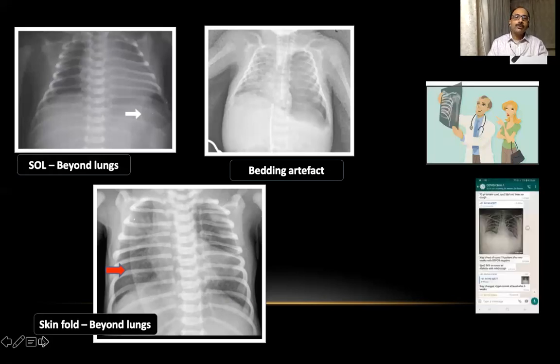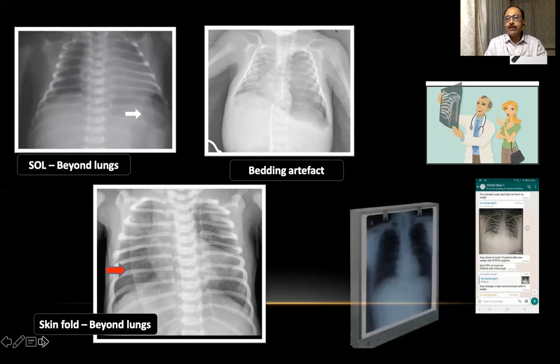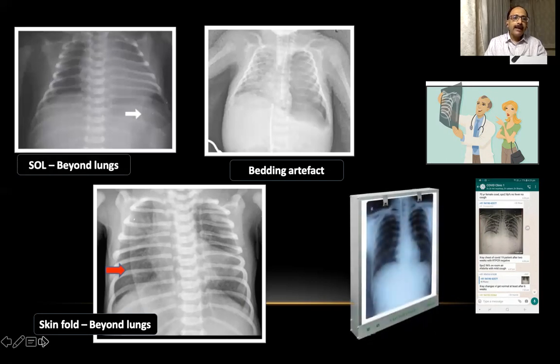And so also the tendency of interpreting on WhatsApp is not a good way by which you would interpret an X-ray. Therefore a viewing box or a digital plate, a film on a digital media, is obviously something that you need to be looking at.